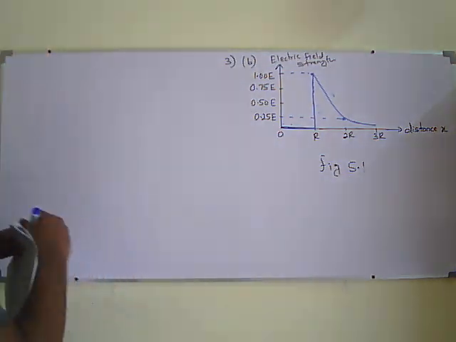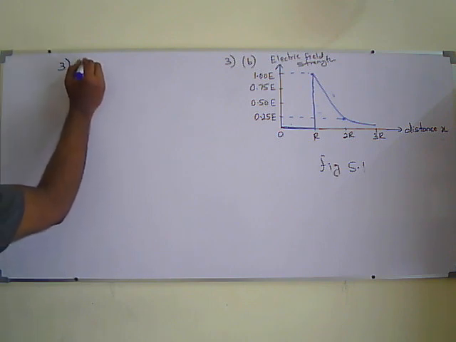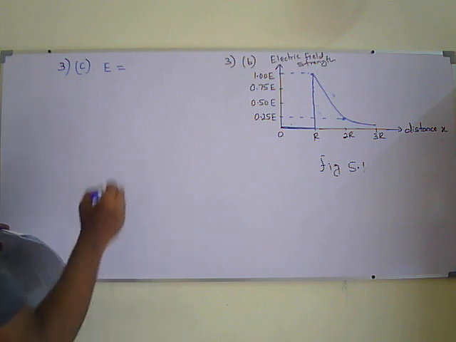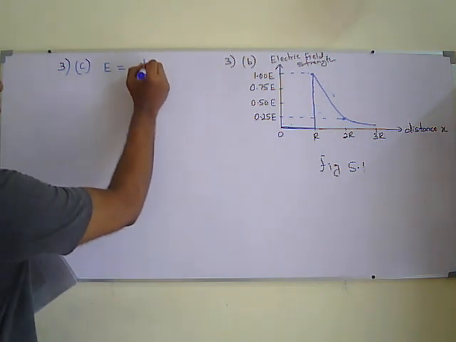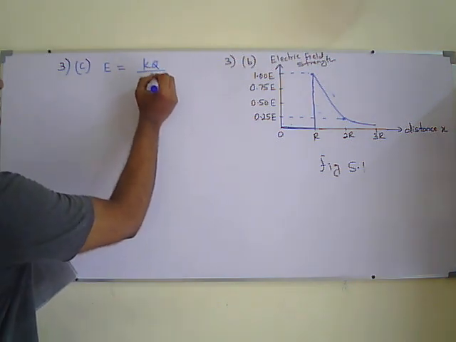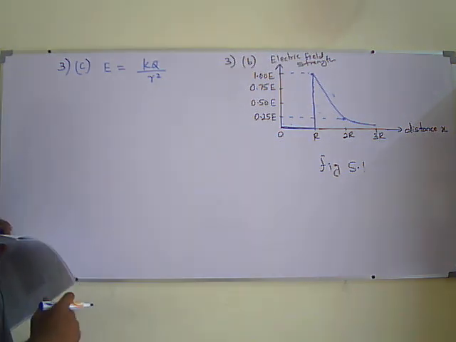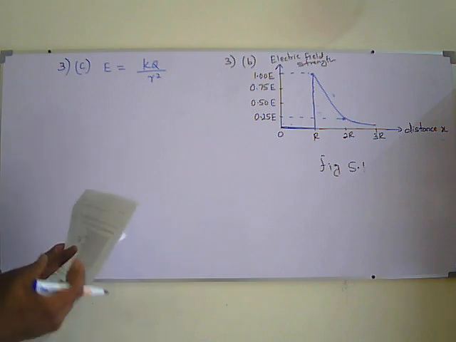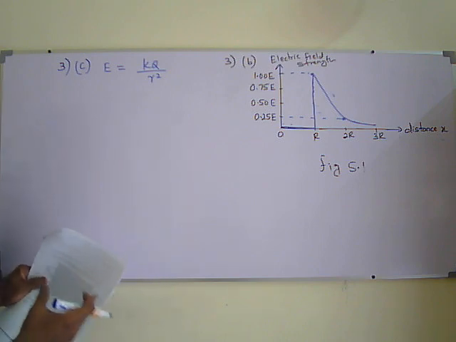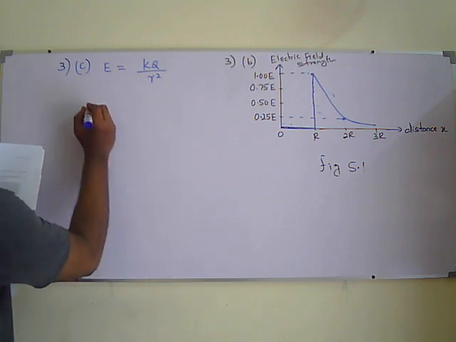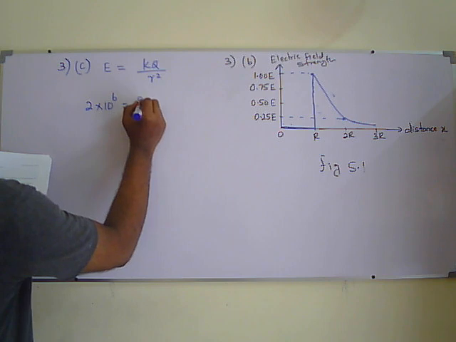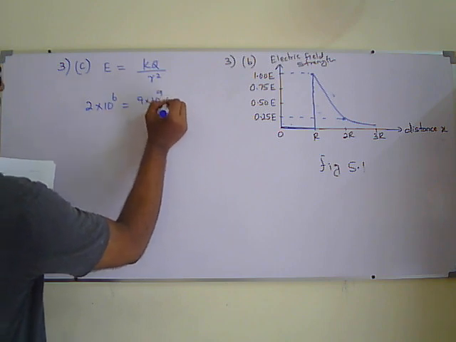So C part, question number 3. We know the electric field strength for a sphere is given by E equals KQ over R squared. We can assume the whole charge is concentrated at the center. On the surface, the electric field strength that can be the maximum without any breakdown is 2.0 × 10^6. K, I can take 9 × 10^9.